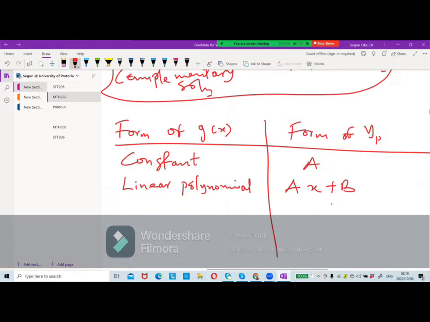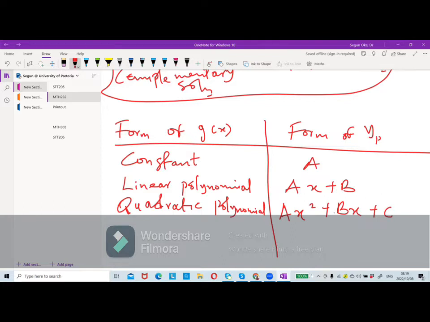Then, if I now have a quadratic polynomial or equation, my yp will be Ax squared plus Bx plus C. Are you following?